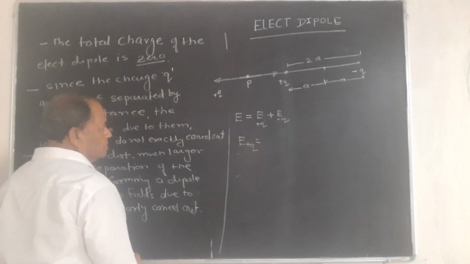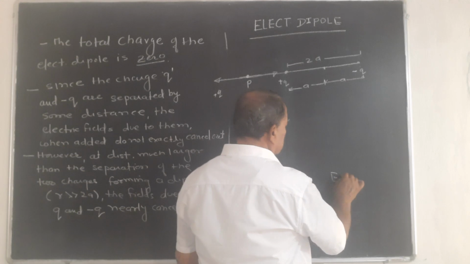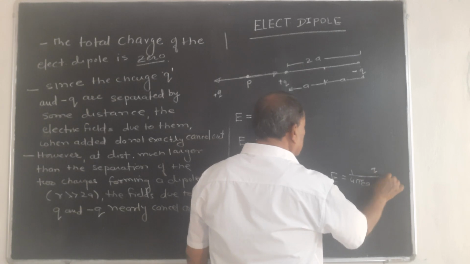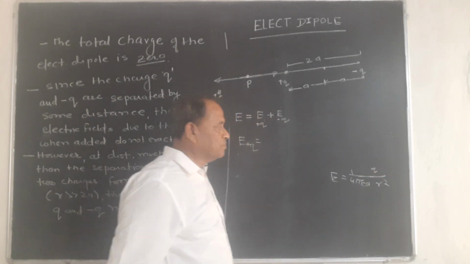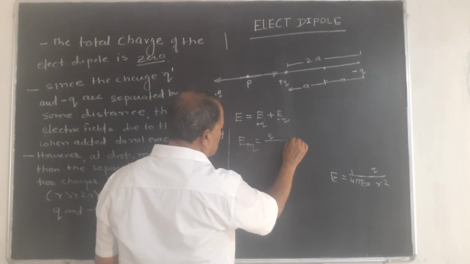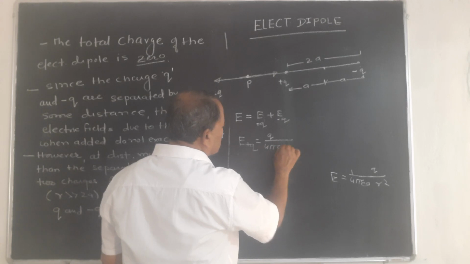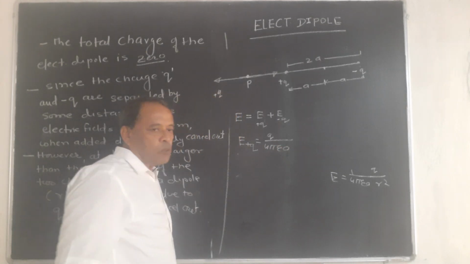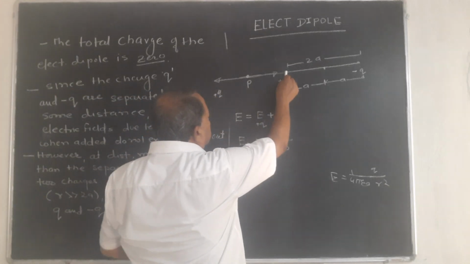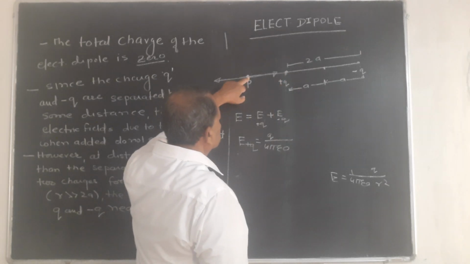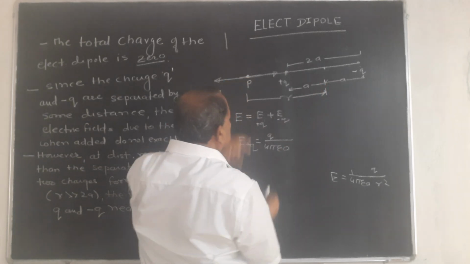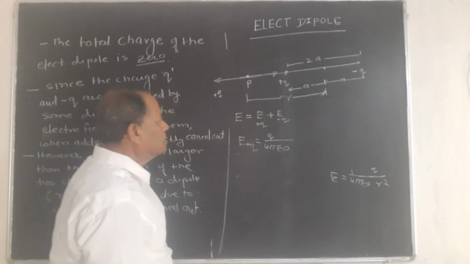We know the formula: electric field is 1 upon 4 pi epsilon naught times q upon r square. Here a plus charge is there, so plus q upon 4 pi epsilon naught. Now we have to find the distance from this plus q up to P. The distance from the center of the dipole to P is r.